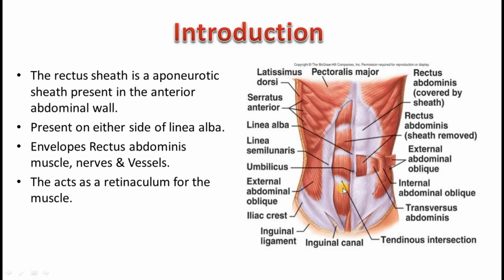The function of all the retinacula, wherever you see them, is that they prevent the bowstringing of the tendons. The tendon should not slip out of its place or bend while it is contracting.